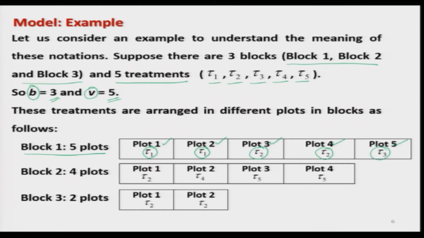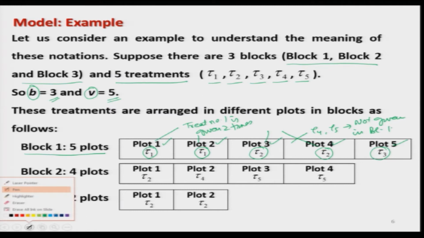So, you can see that treatments 4 and 5 are not given in block 1, and treatment 1 is given 2 times, and the same is for treatment 2, which is also given 2 times.